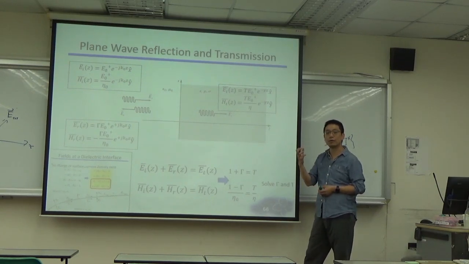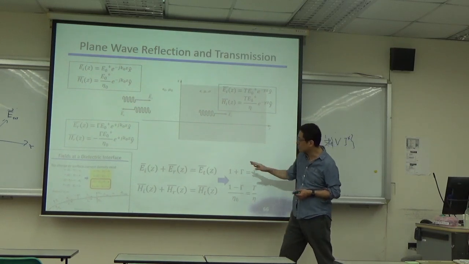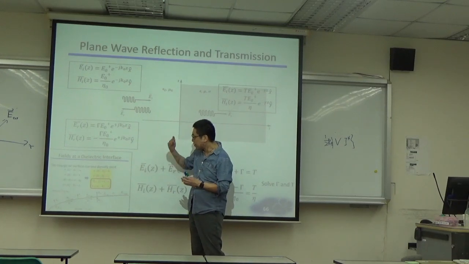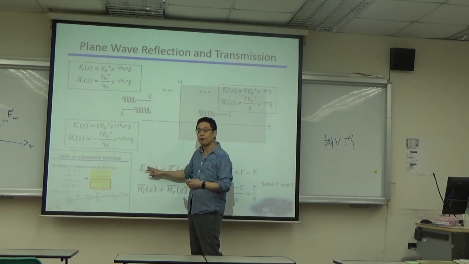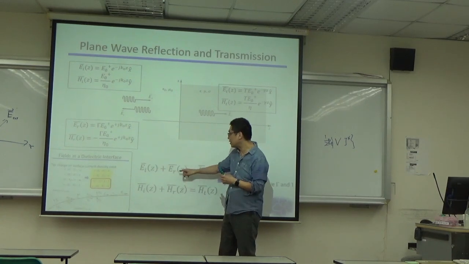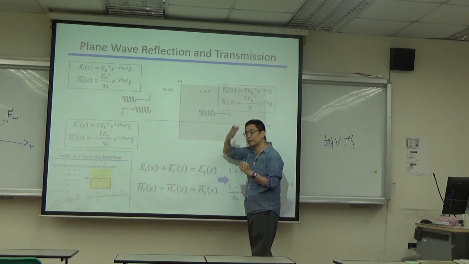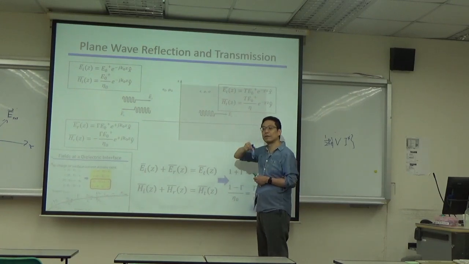Remind your boundary condition. Actually, this writing is not correct. It's like the tangential E incident and the tangential E reflected equals the tangential E transmitted, only the x direction.